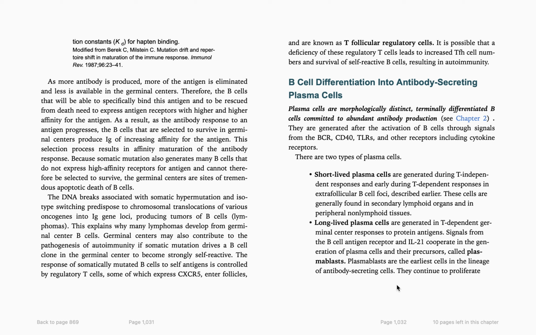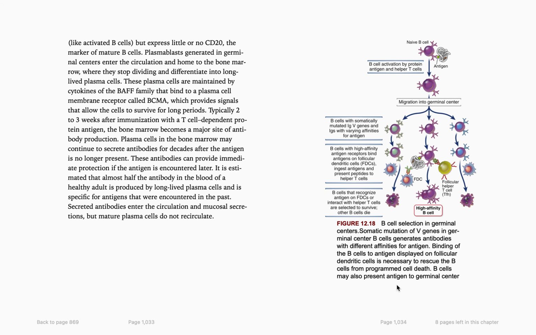Plasmablasts are the earliest cells in the lineage of antibody-secreting cells. They continue to proliferate like activated B cells, but express little or no CD20, the marker for mature B cells. Plasmablasts generated in the germinal center enter the circulation and home to the bone marrow, where they stop dividing and differentiate into long-lived plasma cells.